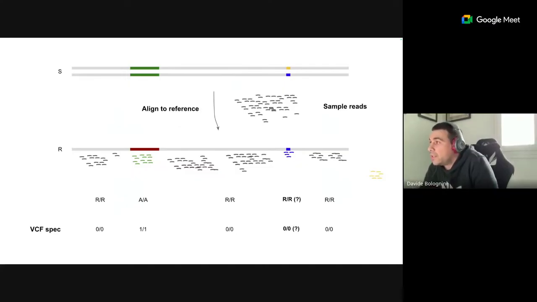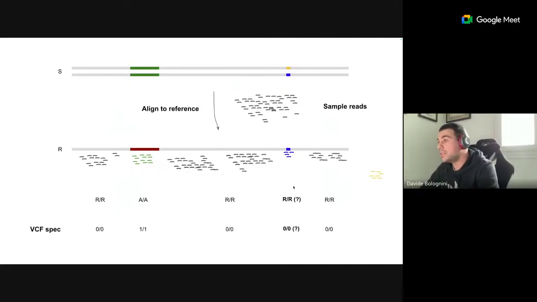For instance, here the yellow reads fail to align and are left unmapped, like on the right side of this slide, because the yellow region is not represented in the reference genome, and this causes wrong genotyping results. So you may infer that here the sample is reference, when in effect it is not.